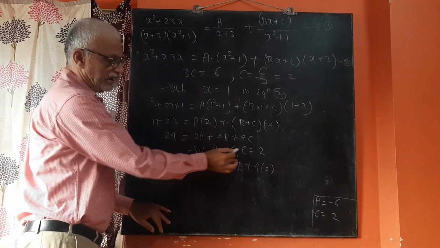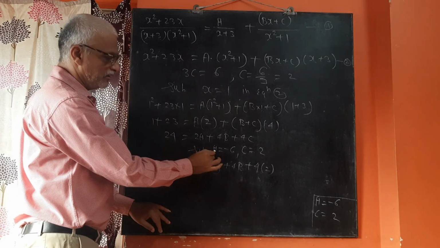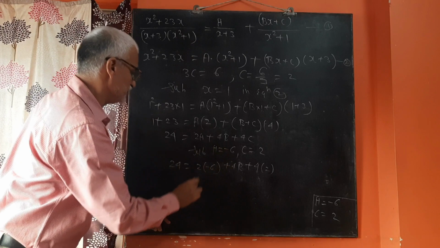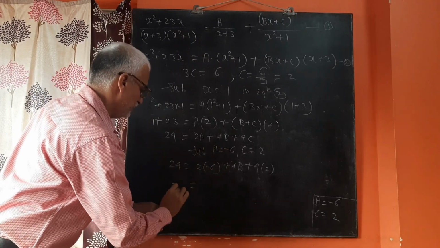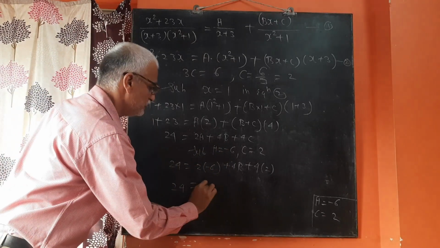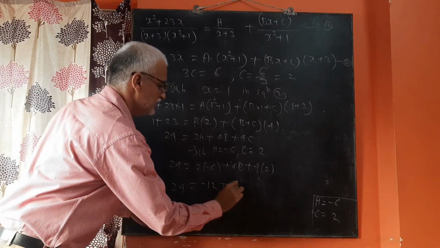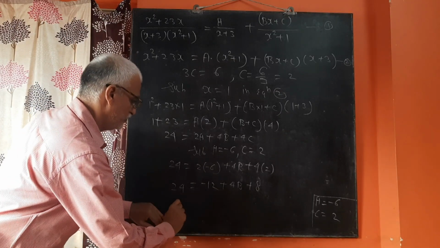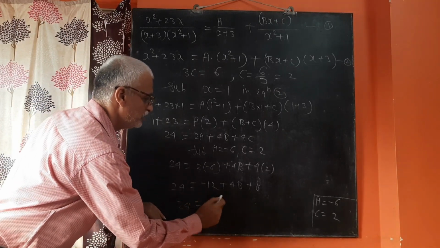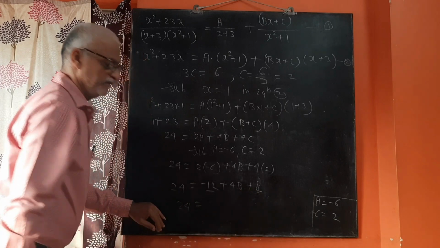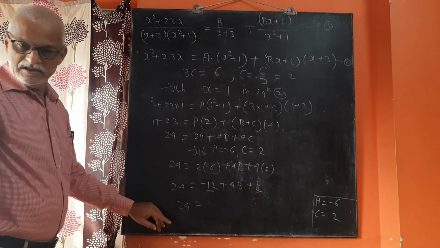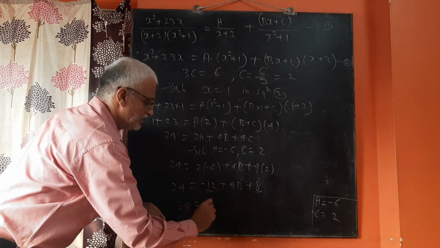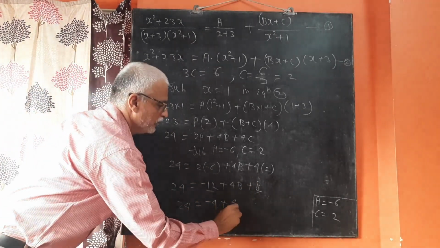We have got the value of a and c, so we substitute them in this equation. By this substitution, we get 24 equals -6 into 2, that means -12, plus 4b plus 8. Or we can write 24 equals -12 plus 8, that is -4, plus 4b.